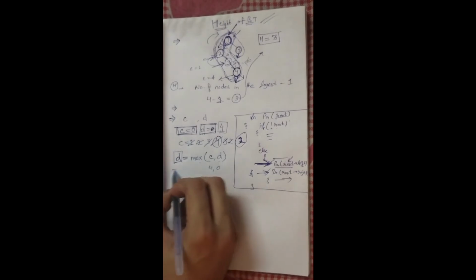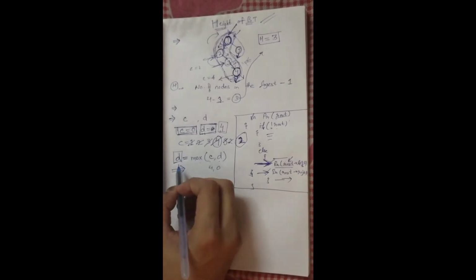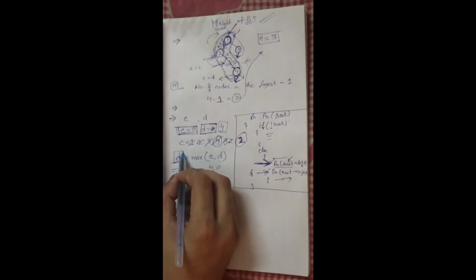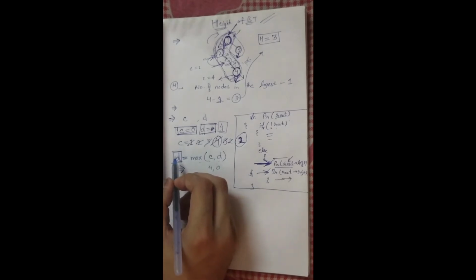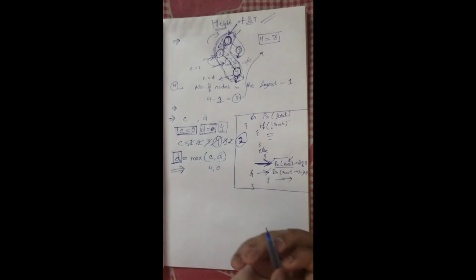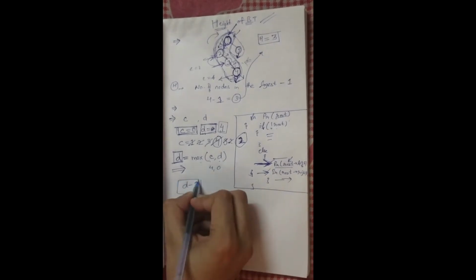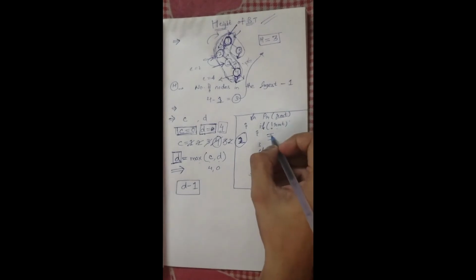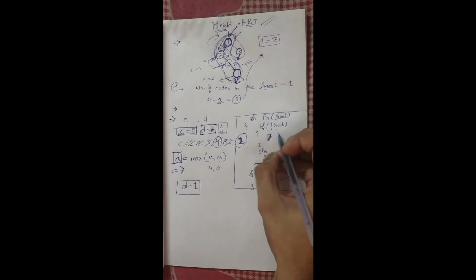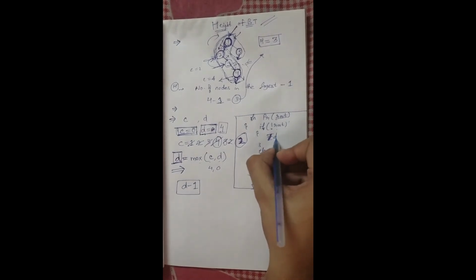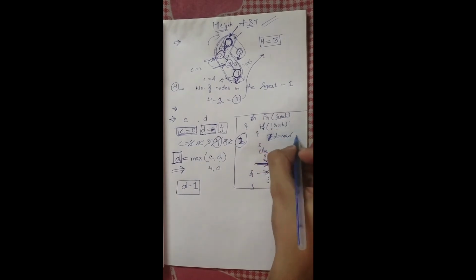So now at the end I will be having D as the number of nodes in the longest branch I have in my tree. Then I can return D minus 1. So in this code you might have got it that what I am doing is just D is equal to max of C comma D.